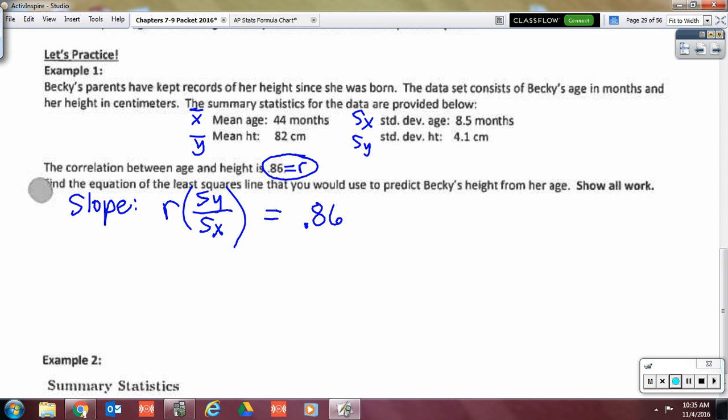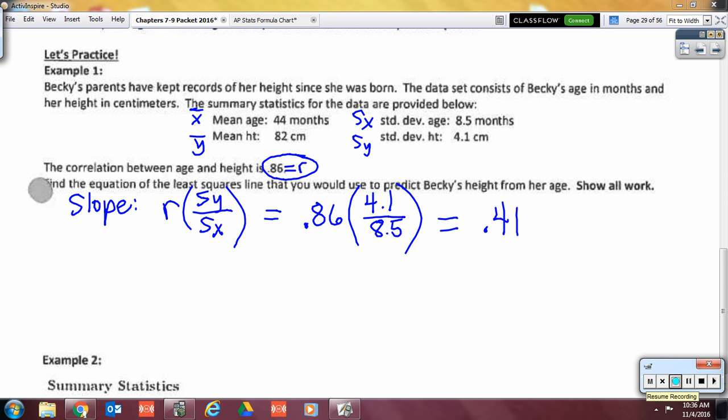So I'm going to fill these in here and then get our slope. I did that computing, and the slope is 0.41. Then the point that I will use is 44, 82.